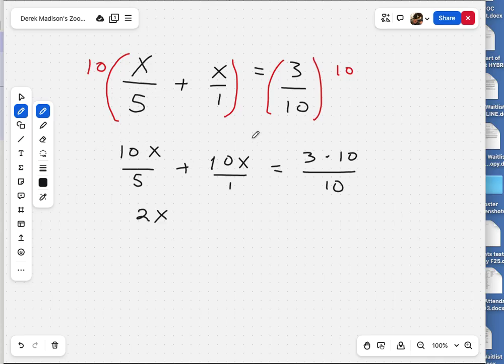So if I'm doing this without this line, which I would suggest to try, then 5 goes into 10 twice in that case, and you're just going to have a 2x there. You'd have to be careful that you make sure that you get that 10 multiplied to this term as well. So then that would be 10x right there. Those cancel, and I'm left with 3 on this side.